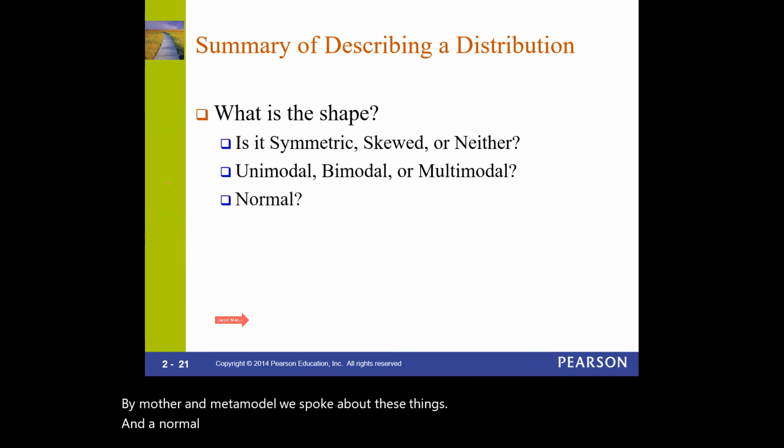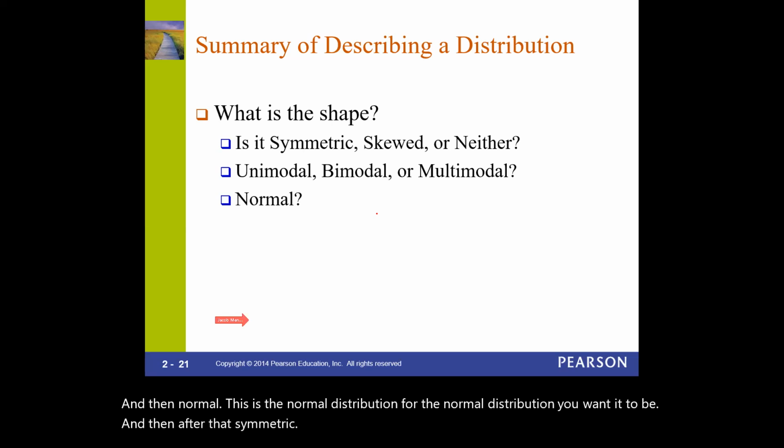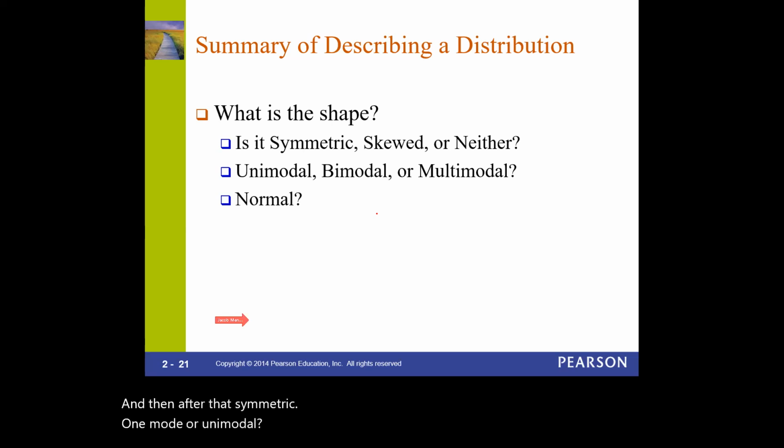This is the normal distribution. For the normal distribution, you want it to be symmetric, and then one mode, or unimodal. At the same time, you want it to have the bell shape. So it's very important to have that bell shape.